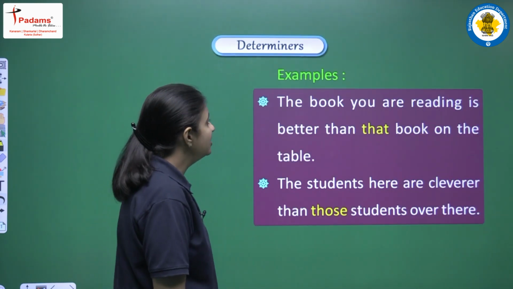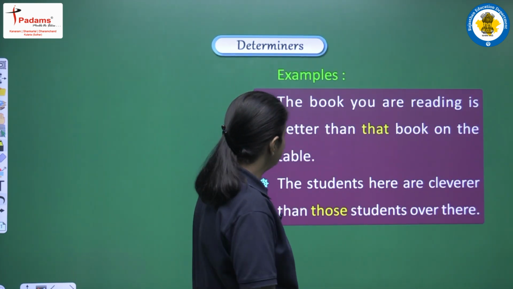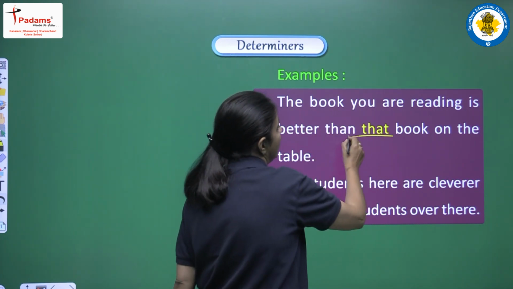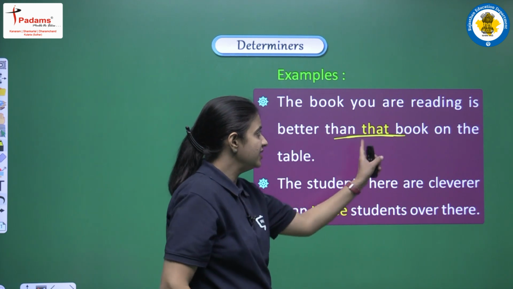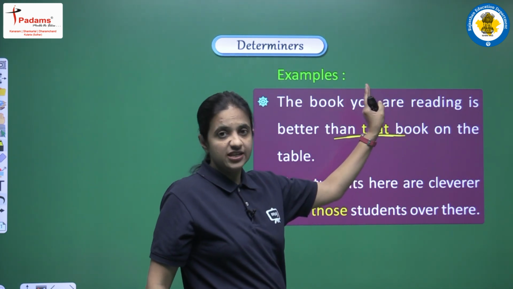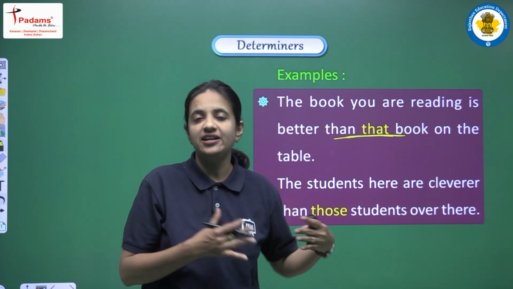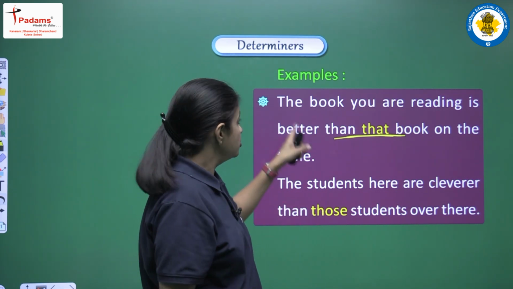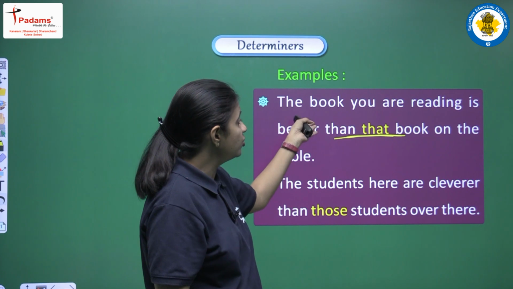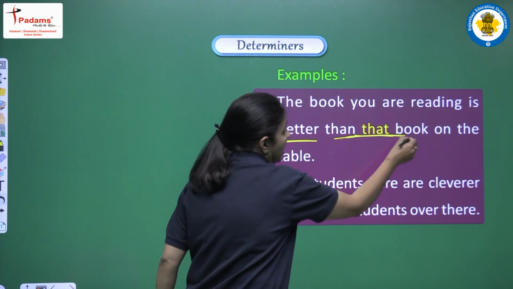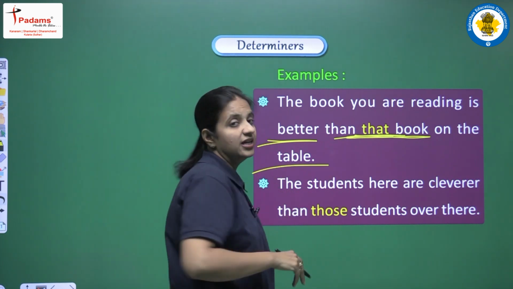Let's see the example: the book you are reading is better than that book on the table. Here we have that. One thing is clear, that is used before a singular noun, and the noun is very far away. The book you are reading right now is better than that book there on the table.